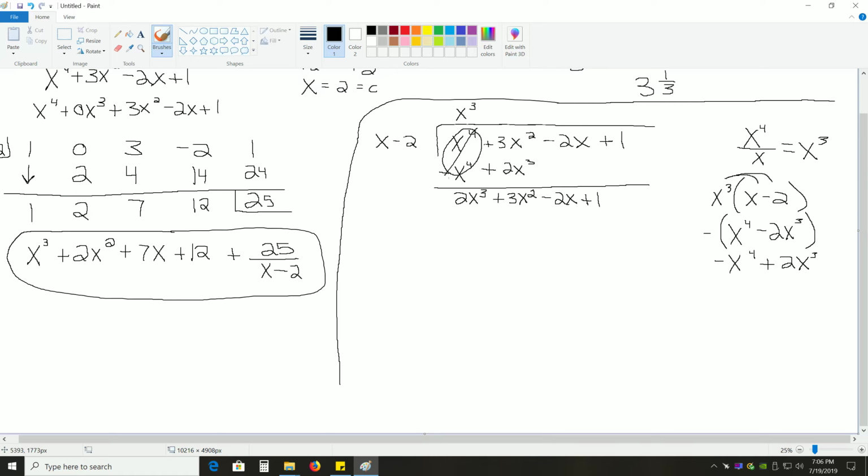And now we're going to repeat the process all over again. x divides into 2x cubed, leaving us with 2x squared. So we know that we'll have a plus 2x squared in the top. And again, we will multiply that by the outside number, 2x squared times x minus 2.